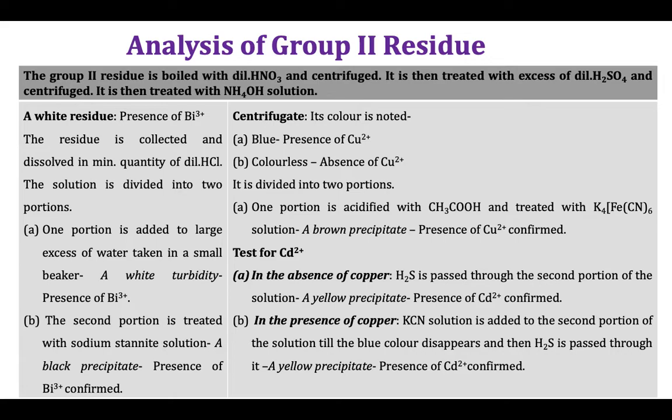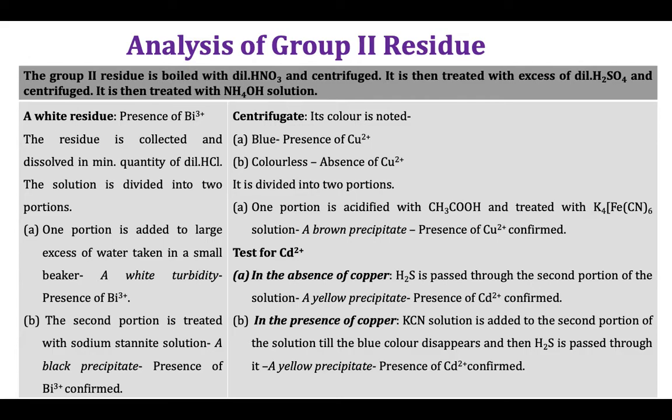Next comes the test for cadmium, Cd2+ cation. If there is no copper in the given mixture, we can do the direct test for cadmium, that is, H2S is passed through the solution. We have divided the centrifugate into two portions. With the first portion, we have done the test for copper using acetic acid and potassium ferrocyanide.